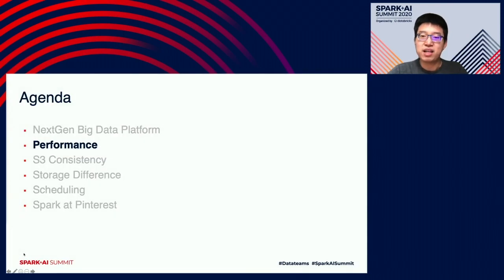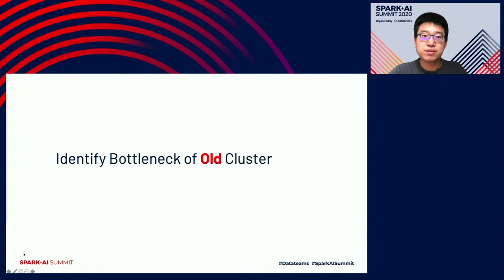As with any big data platform, performance always plays one of the most important roles. We have been striving to provide a platform that could run jobs performantly and efficiently. As we were building our next generation big data platform, improving performance and efficiency was one of the most important goals. We can't improve anything if we don't know what the bottleneck of our cluster is.